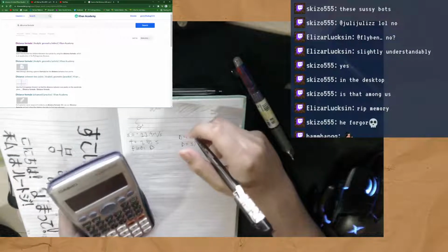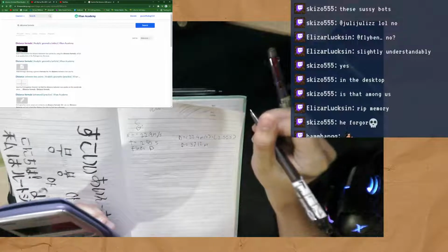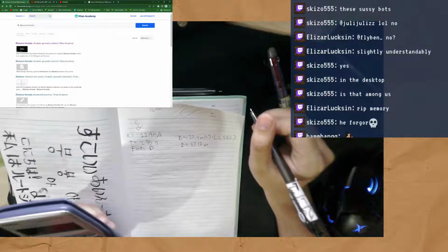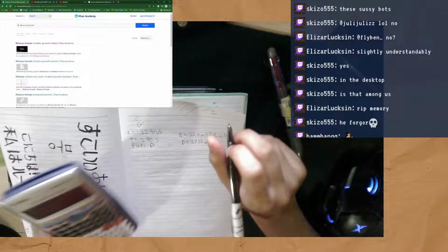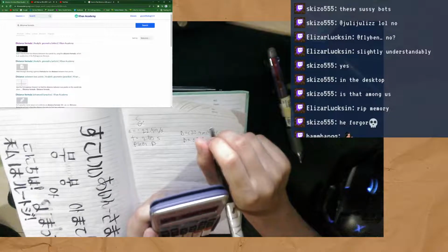This is right. I don't even know. Wait, if you multiply two variables, does that mean they get subtracted? Is that how it works?